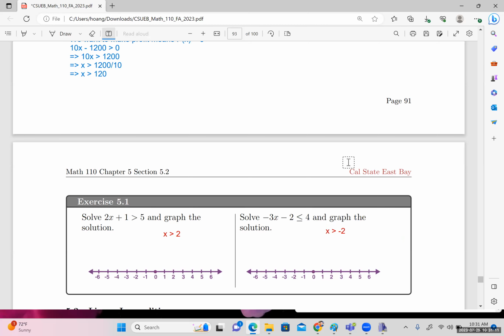So keep in mind that this includes the -2. So instead of an open circle, you have a closed circle for -2, and for the left part, you must have an open circle at 2 here.